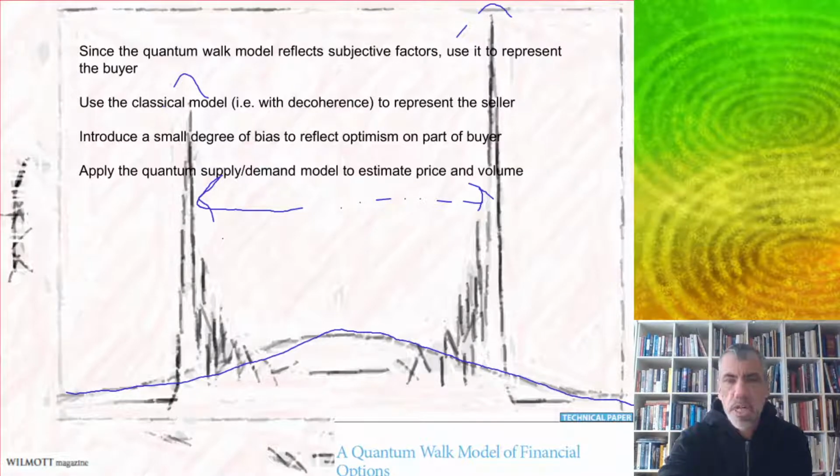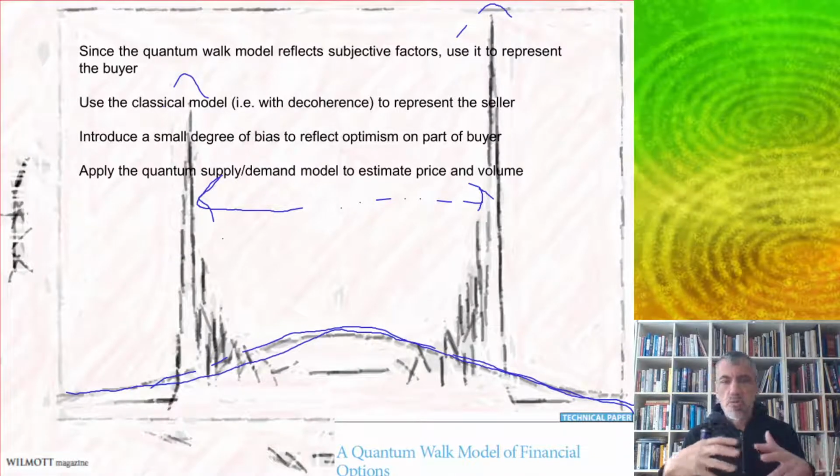So this is our subjective impression of asset price evolution. On the other hand, there's this kind of more objective view, which is based more on the way that asset prices actually do tend to behave over time, which says they're going to be grouped more around an expectation of no change and a small chance of extreme change on either side.